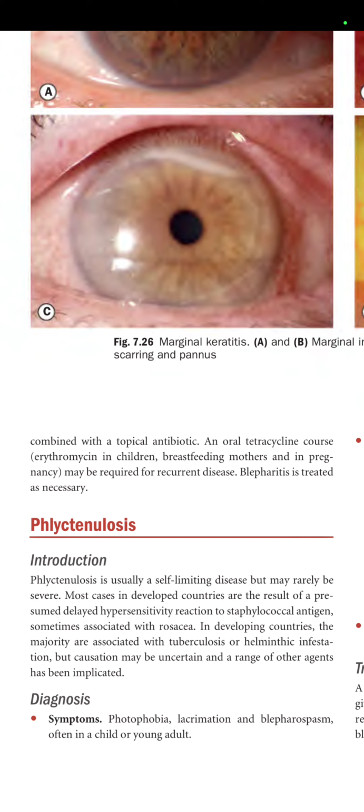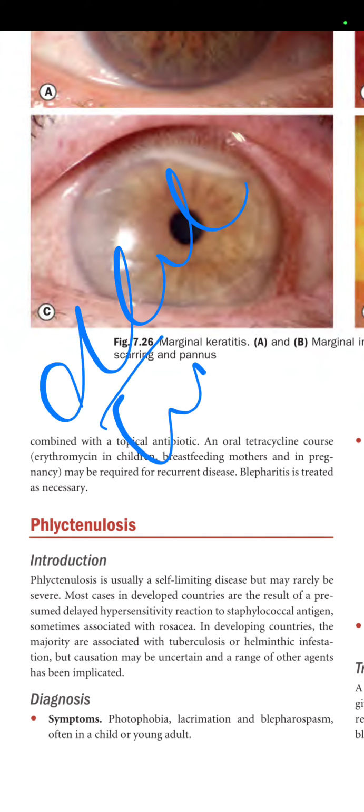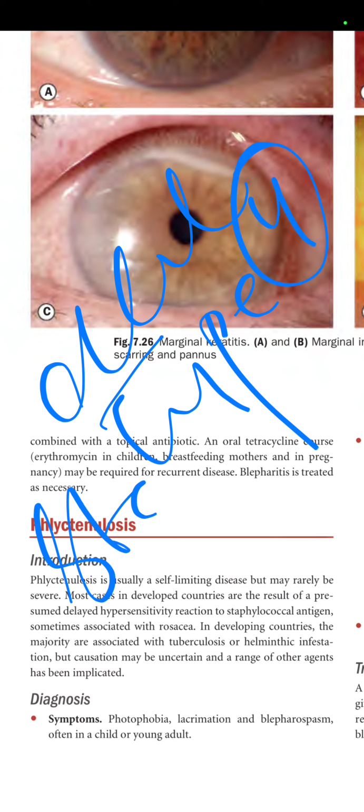In developing countries, the majority are associated with tuberculosis or helminthic infestation, but causation may be uncertain and a range of other agents has been implicated. So basically, it is also a delayed hypersensitivity reaction. It is a type 4 hypersensitivity reaction, usually to the staphylococcal antigen in developed countries and helminthic and TB in developing countries. So, what are the diagnoses?